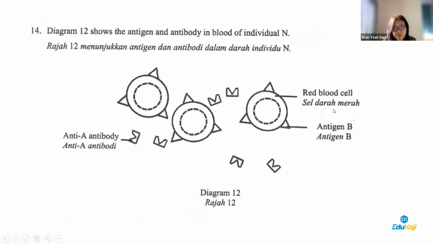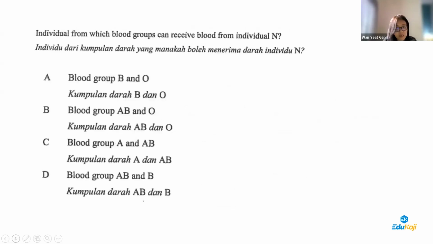Before that, you must know that individual N is blood group B because his red blood cell has antigen B. So which group can N donate blood to?